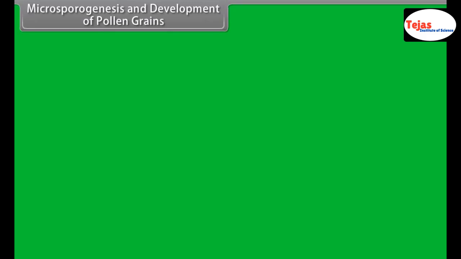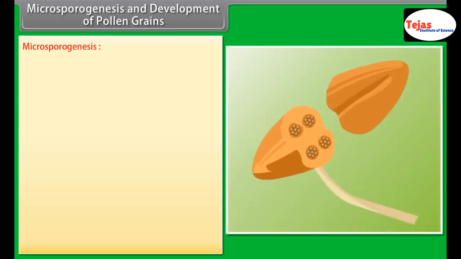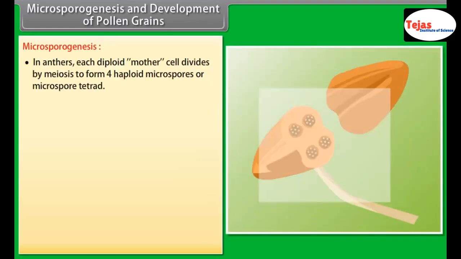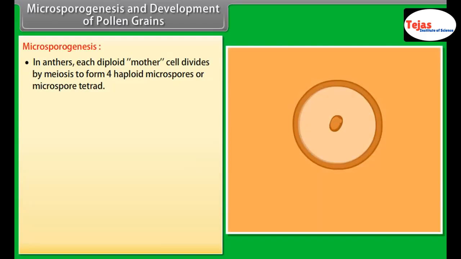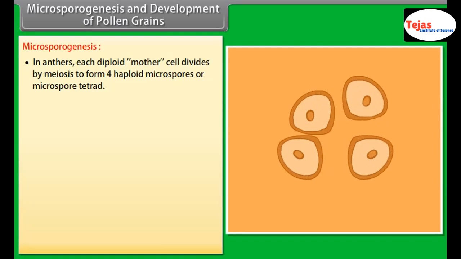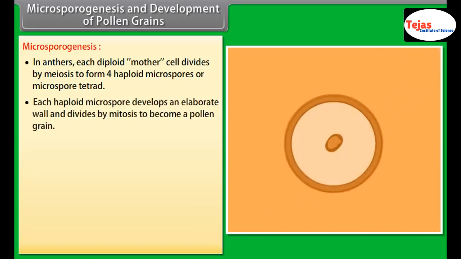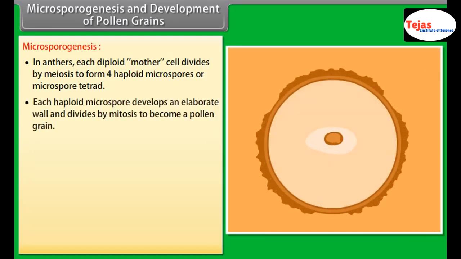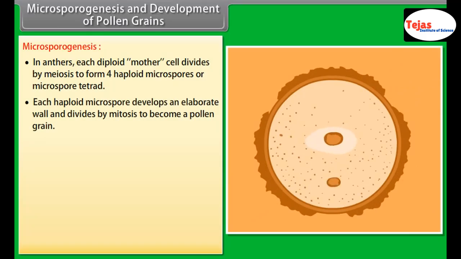Microsporogenesis and development of pollen grains. In anthers, each diploid mother cell divides by meiosis to form four haploid microspores, or a microspore tetrad. Each haploid microspore develops an elaborate wall and divides by mitosis to become a pollen grain.